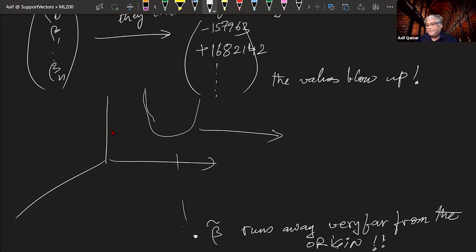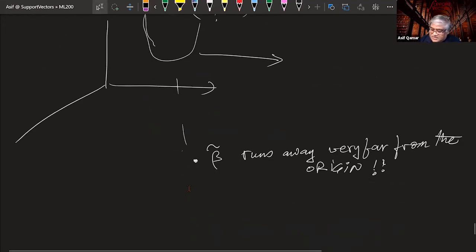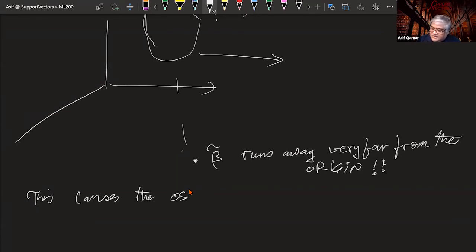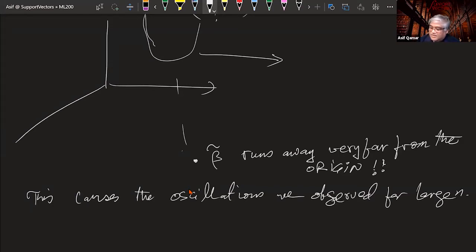That's the problem. And this causes the oscillations we observed for large n. Overfitting is there, high variance are the terms.